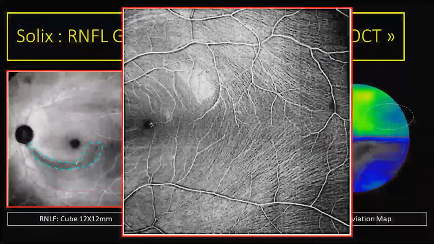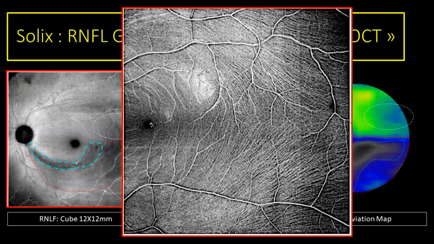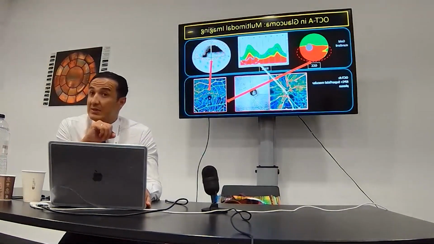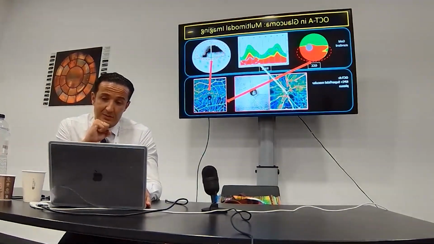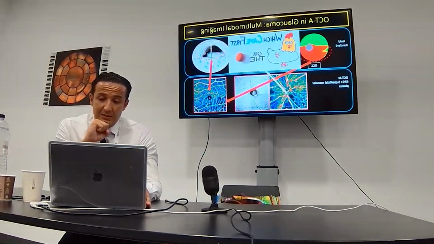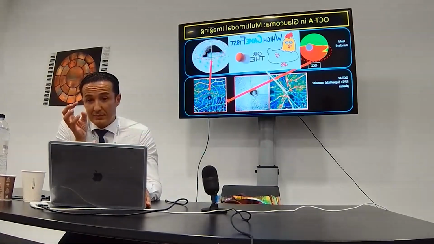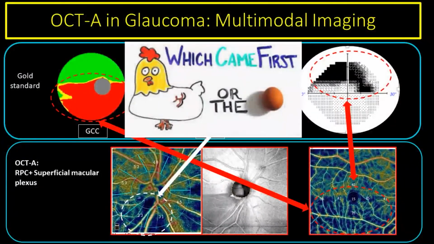We know there is a good correlation between structural OCT and OCT-A, but currently we don't know which is the egg or the chicken. If there is at the beginning a functional defect before the structural damage, it still remains a question.